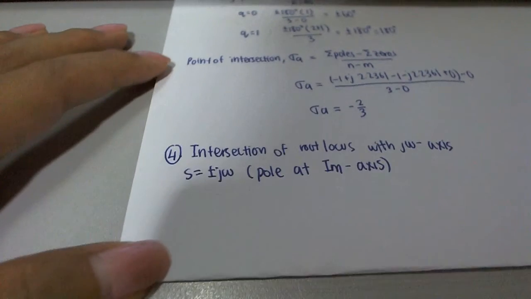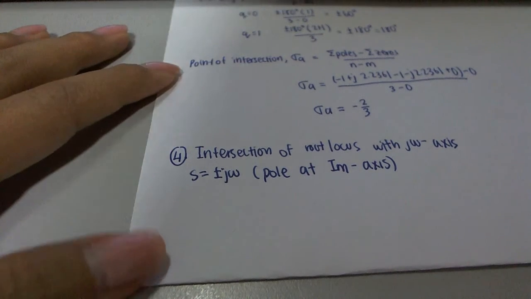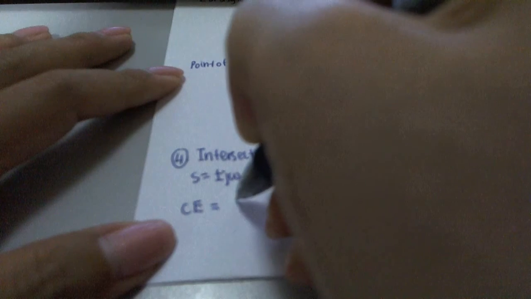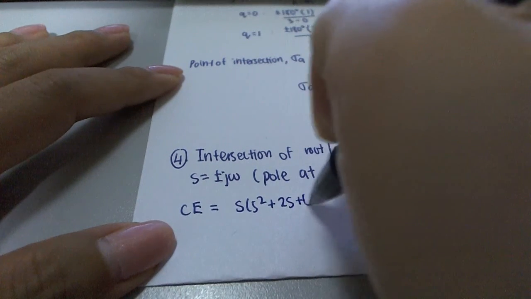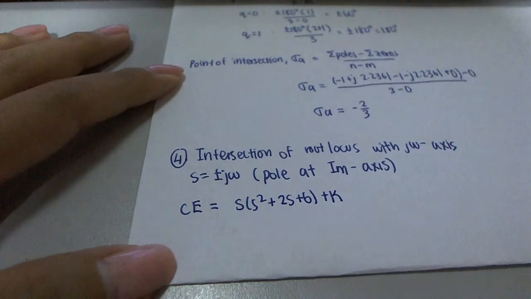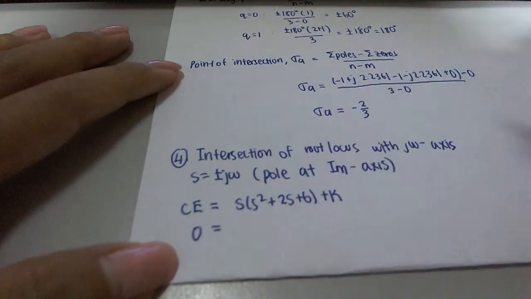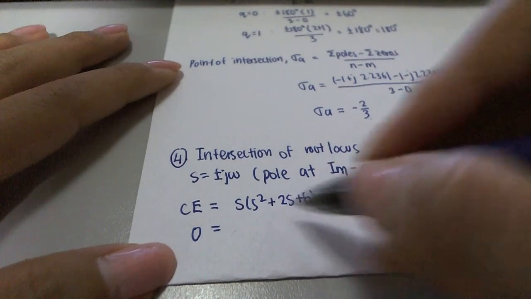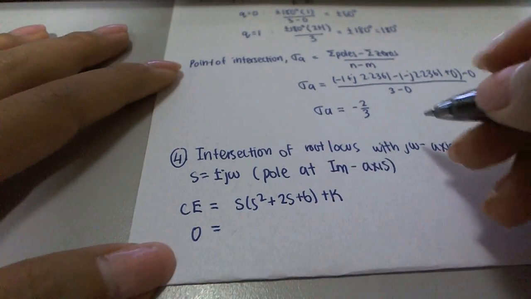And previously we calculated the characteristic equation, which is S multiplied by S squared plus 2S plus 6 plus K. And we set this equal to 0 and rewrite everything.